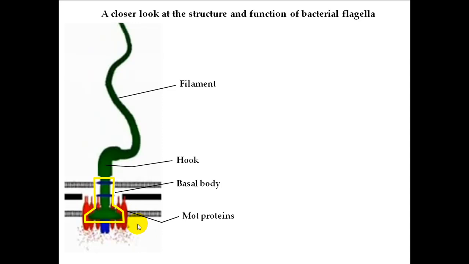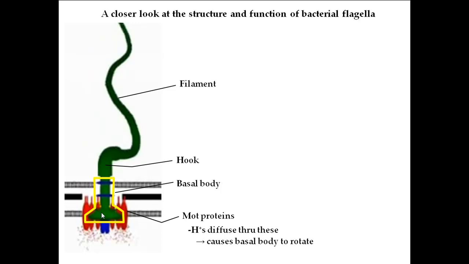If a whole bunch of protons have been pumped into this area of the membrane, those protons end up diffusing through these MOT proteins. That causes the basal body to turn, which then causes the filament to turn. To sum up, the MOT proteins allow protons to diffuse through them, and that causes the basal body to rotate.